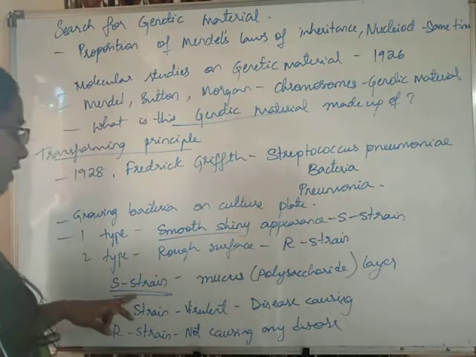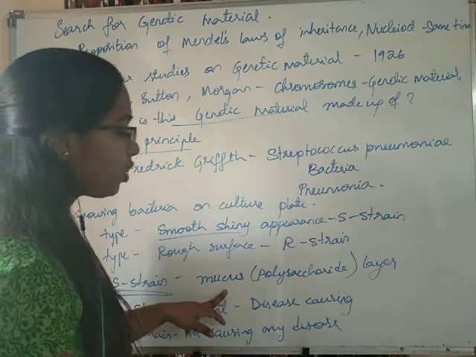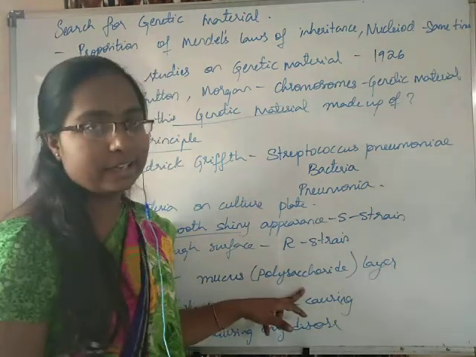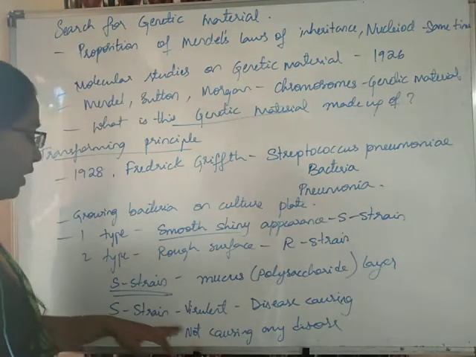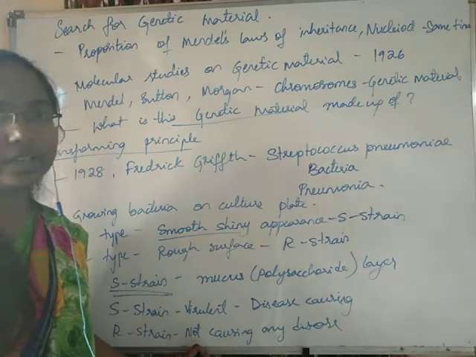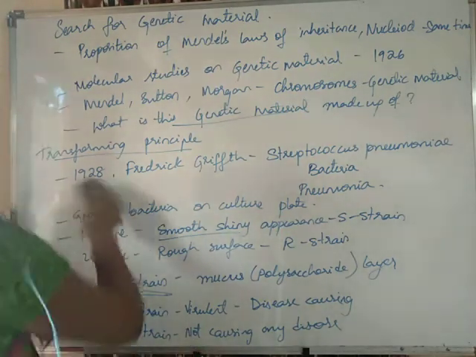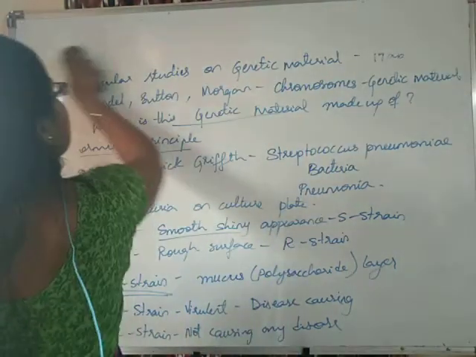The S strain has its shiny appearance because of the mucus or polysaccharide layer on its surface. S strain is virulent, disease causing, and R strain is not. Then what were the observations made? What was this transforming principle exactly? Let us learn now.